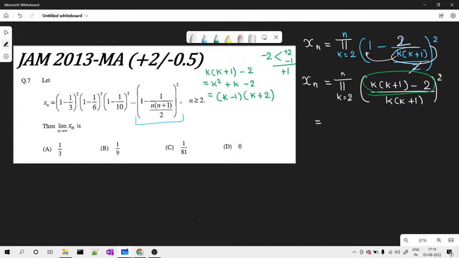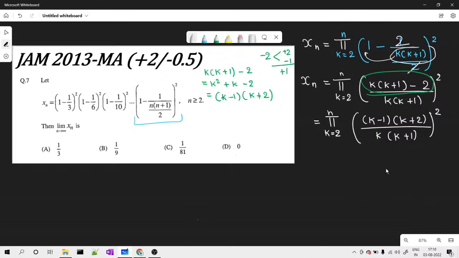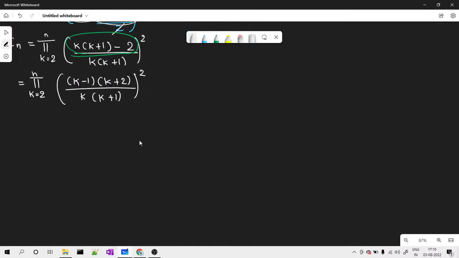This is the same as the product, k running from 2 to n, of k minus 1 times k plus 2 divided by k plus 1, the same as the previous. Let us simplify this more.